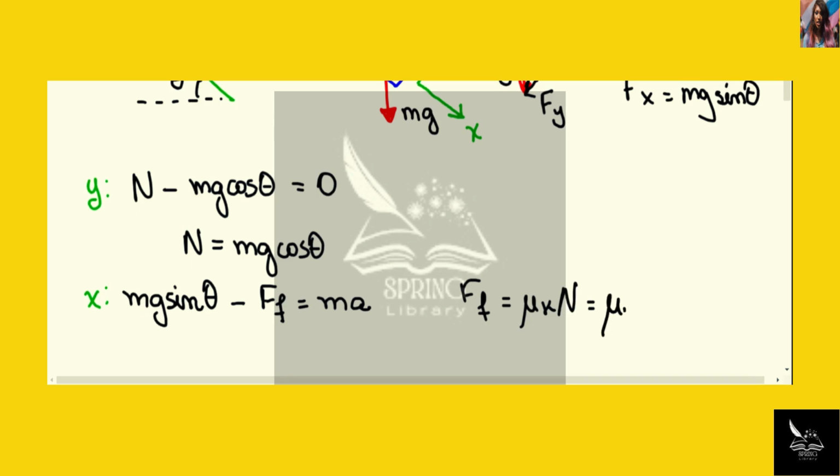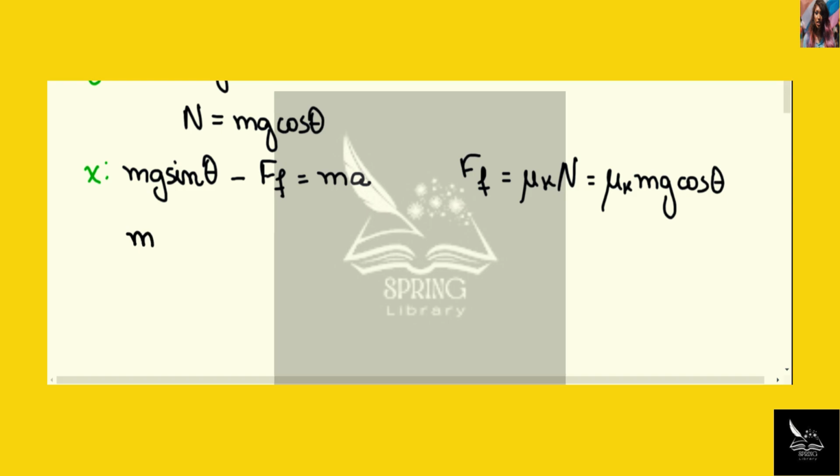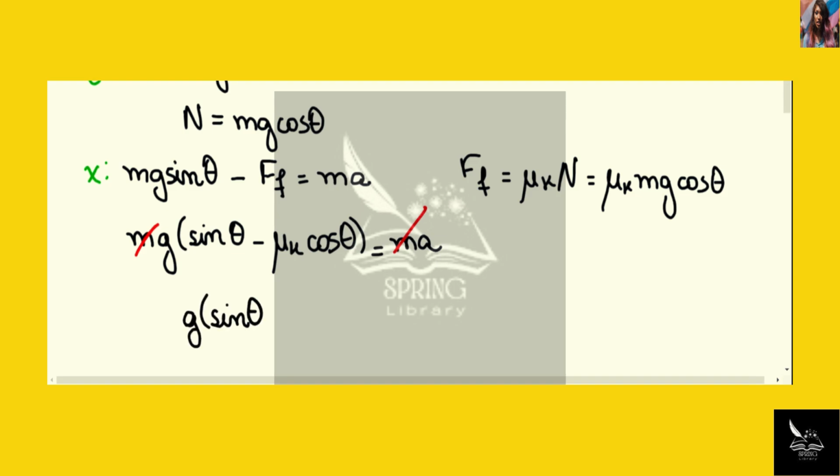So this is mu k mg cosine theta. So in our equation, we're left with mg sine theta minus mu k mg cosine theta, and this is equal to ma. So the m's cancel out. We have g times sine theta minus mu k cosine theta is equal to a. So this is the acceleration.